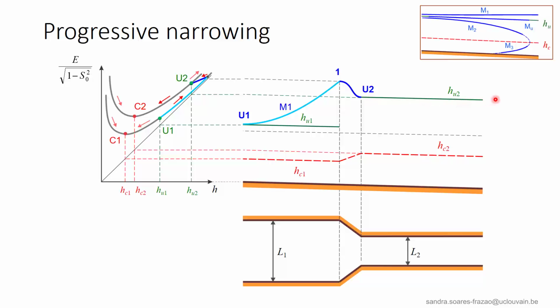This is also clear in the specific energy diagram. No red arrow goes towards U2, they just go away from U2. So the final flow profile is this one. We see that this result is obtained from the specific energy diagram, provided of course that we know the different possible mild slope water profiles.